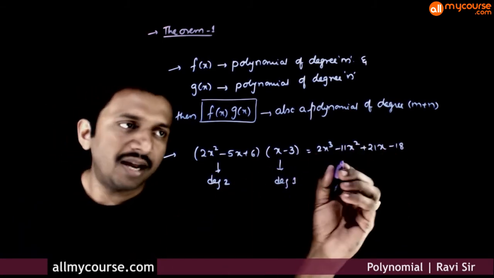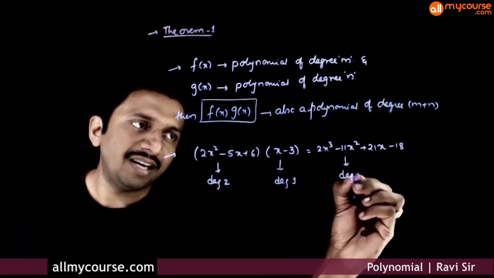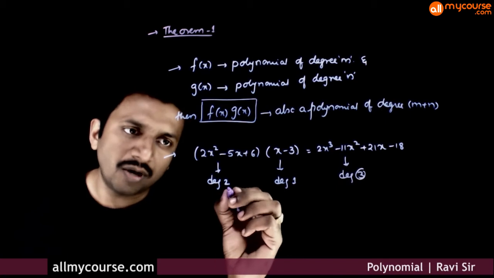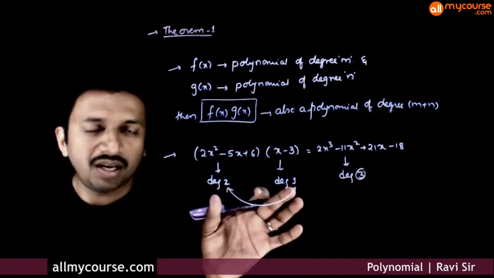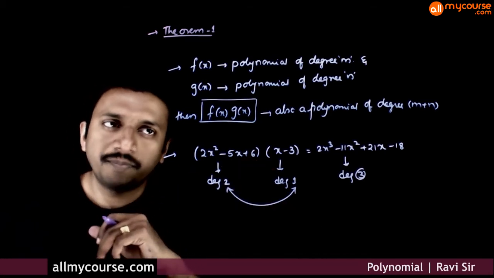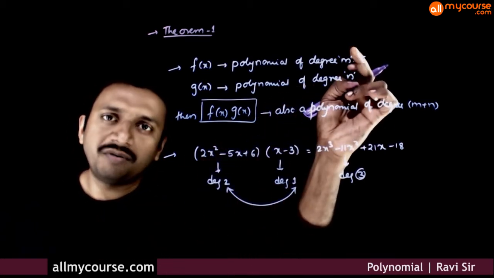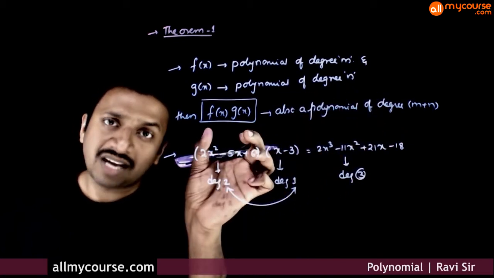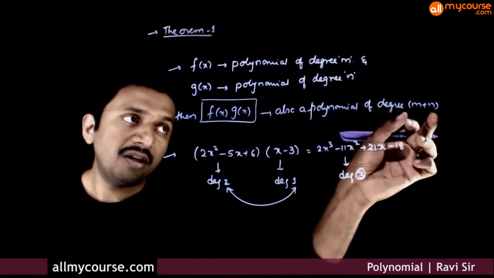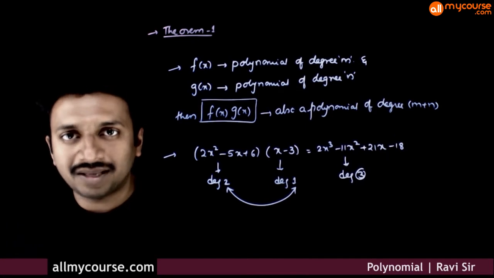This is a polynomial of degree 3, which is equal to 2 plus 1. So if you have a polynomial of degree m and a polynomial of degree n, then f of x times g of x is a polynomial of degree m plus n.